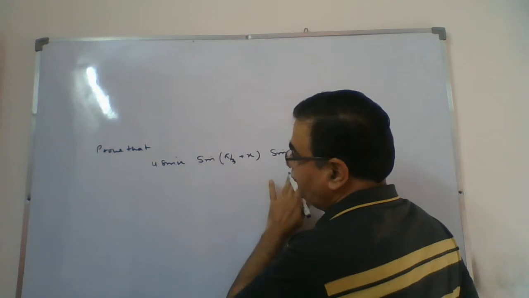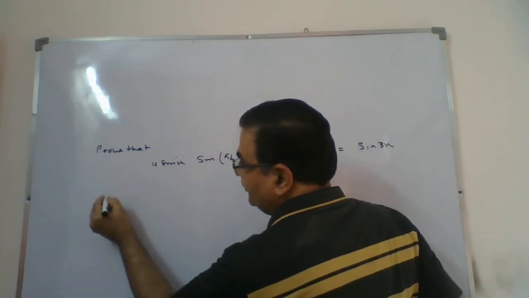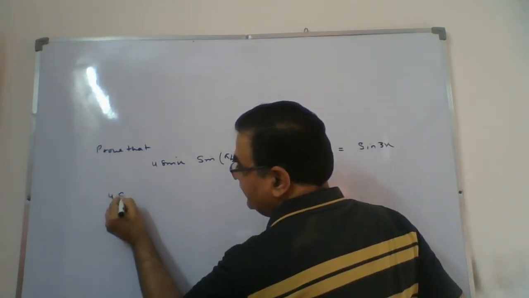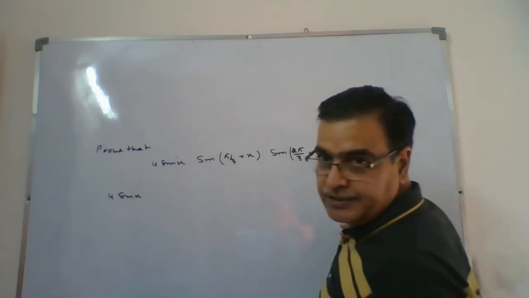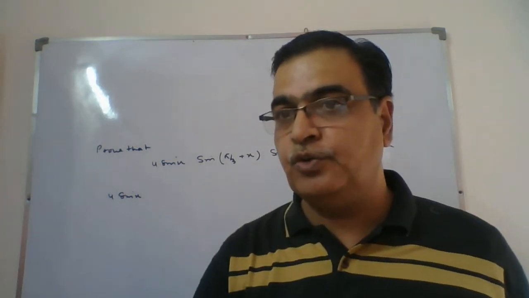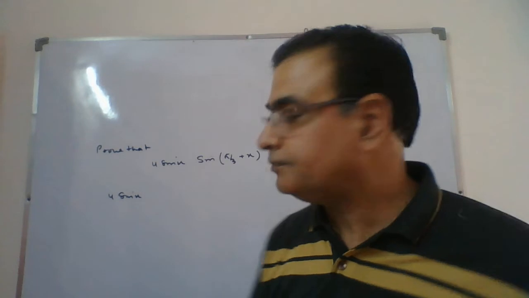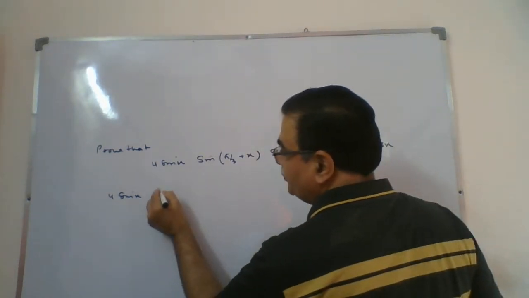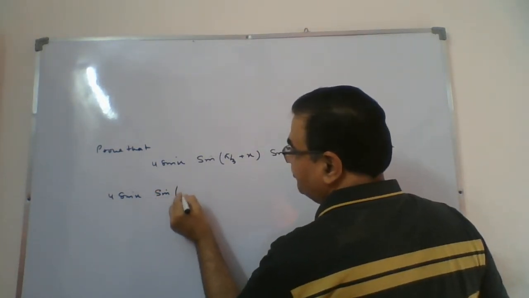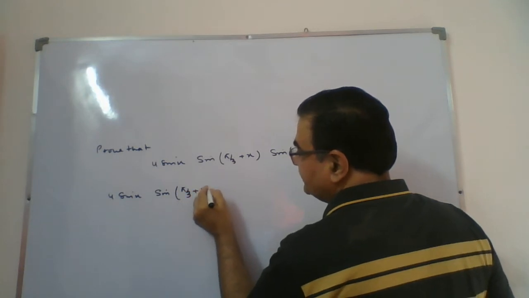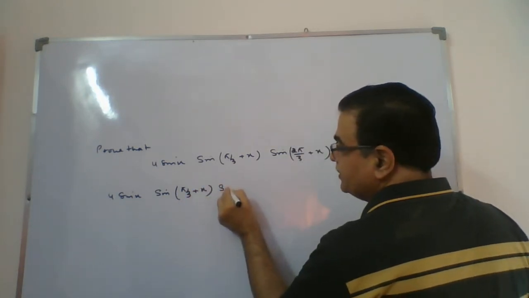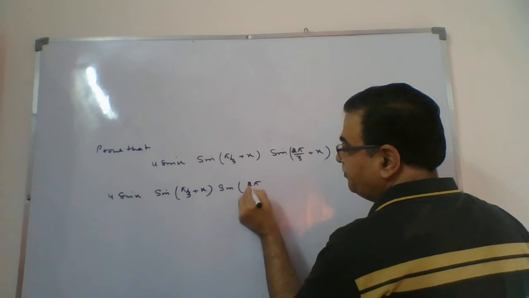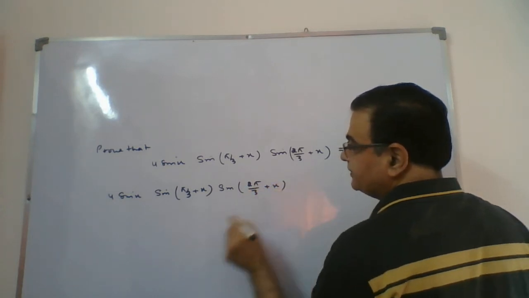So from this, if you start, I'll take 4 sin x. Sin x is already in simplified form, so we are not going to touch that. The second comes out to be sin(π/3 + x) into sin(2π/3 + x).